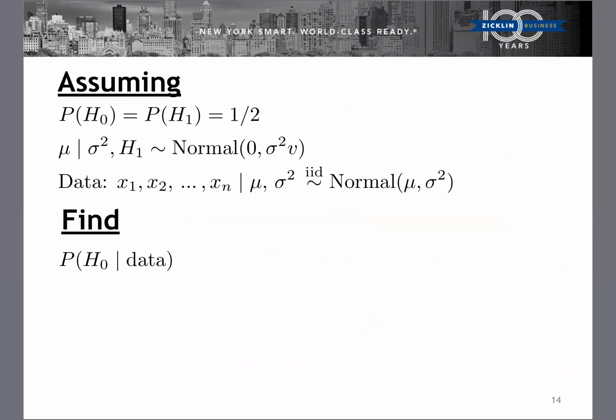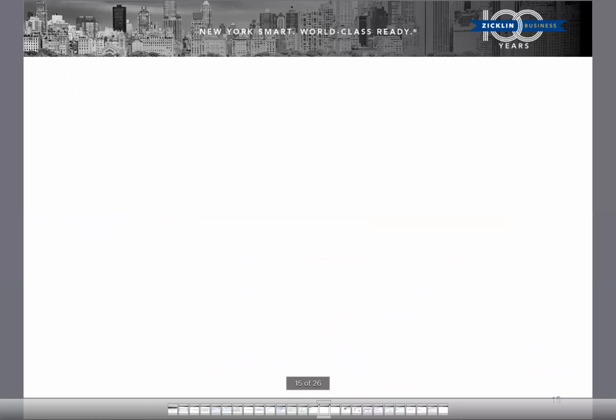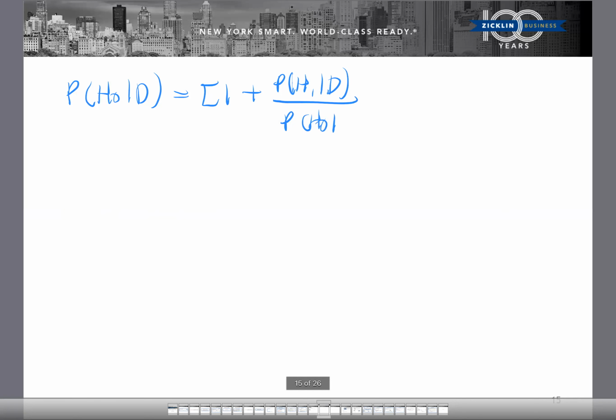So I know that P of H0 given D, let me write it out again, is equal to 1 plus P of H1 given D over P of H0 given D, to the -1. This just means one, I just rewrote it in a way that looks a little more annoying, but it's the same thing, I promise.